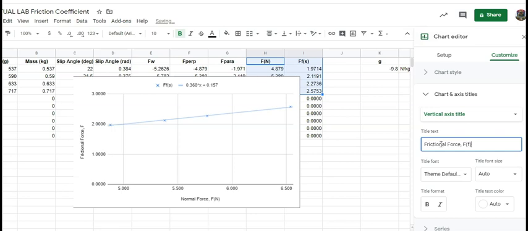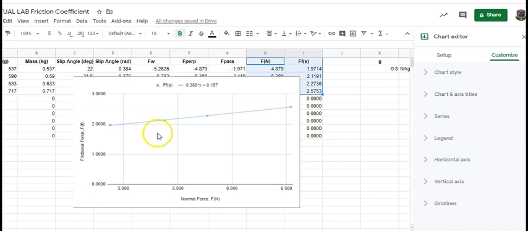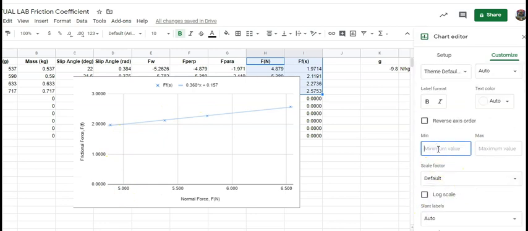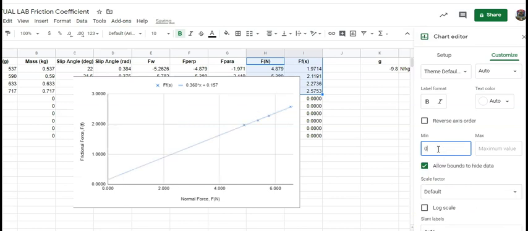We probably should put our units in. And that's static friction, of course. We also want to make sure our axes come back to 0. So horizontal axis, where it says minimum, press 0. We can see we've got an error here, which is good because that was that first value which I did, which was pretty rough.